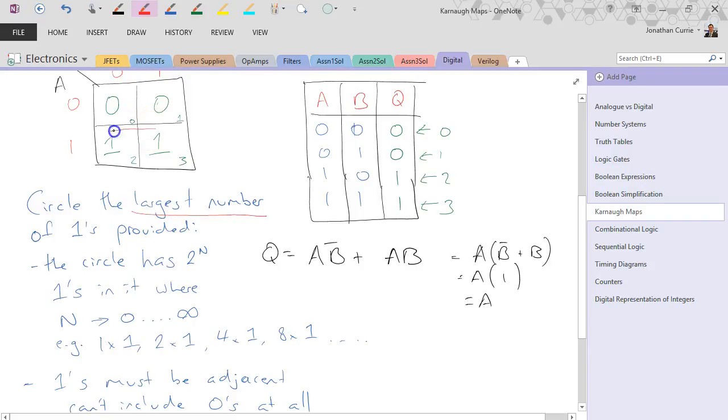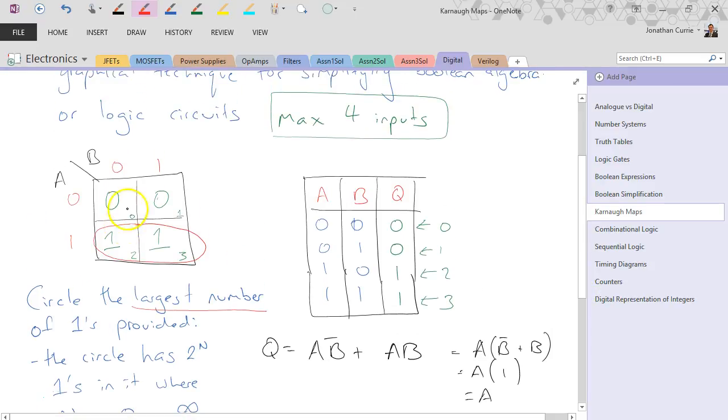So in the example we've just done, I would circle these two here. They're next to each other, so they're in adjacent cells, there's no zeros. They're a group of 2, so it meets this rule here. And then I would read off the simplification by looking at the inputs on the outside. A must be equal to 1 for both of those ones to be true, so the output A has to be true.